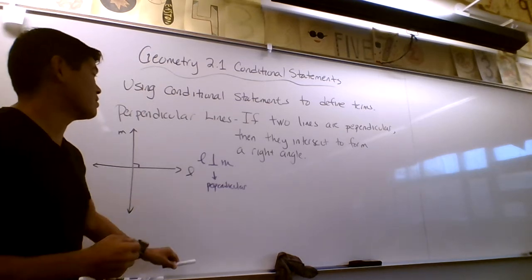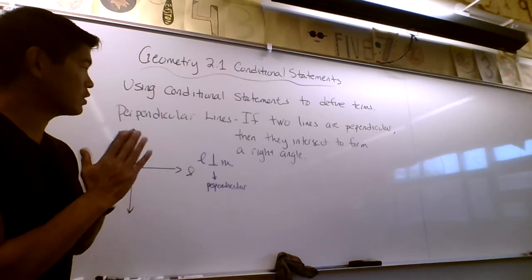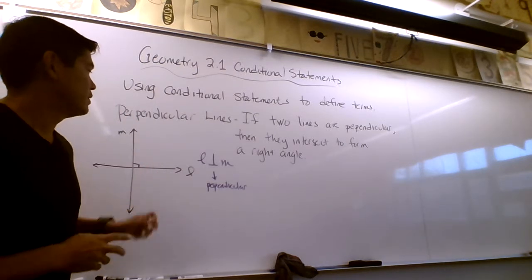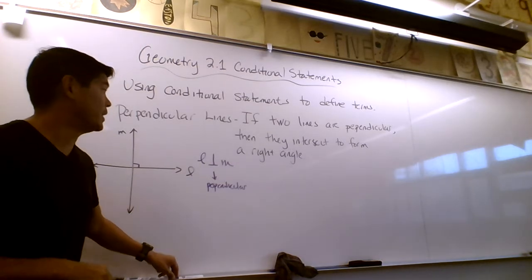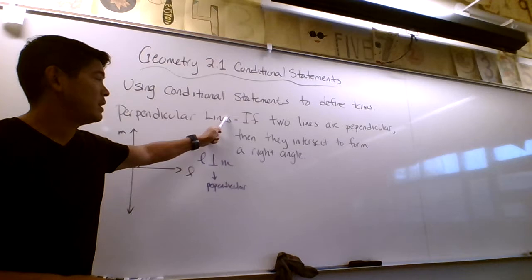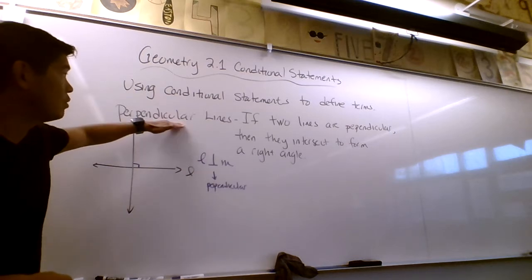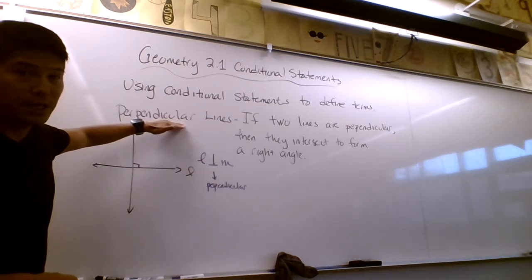We'll talk about that later. The symbol for parallel is just two vertical bars right next to each other. These lines aren't parallel, but they are perpendicular. So both the hypothesis and conclusion could be switched for the converse. The converse is true. So this conditional statement is true.